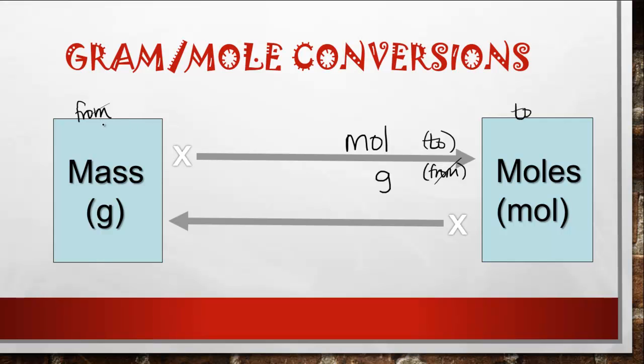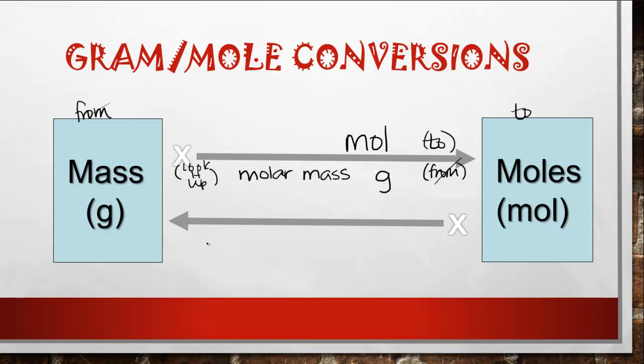Now when I use my conversion factor of grams and moles, I need to put numbers in here. It's not going to do me any good if it's just a unit. So what we find is for grams, we are going to use those molar masses. So we just learned how to calculate a molar mass. So we are going to use that number in this part. So basically we're going to look it up.